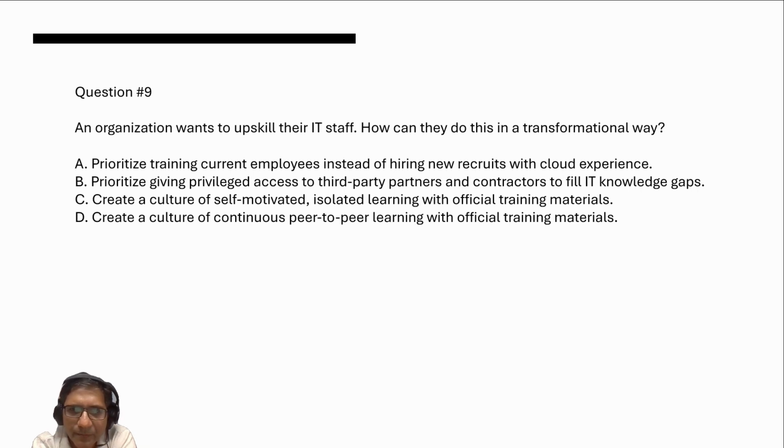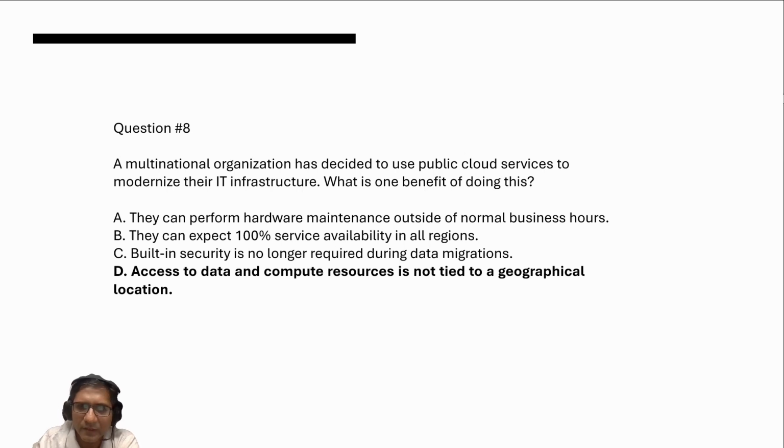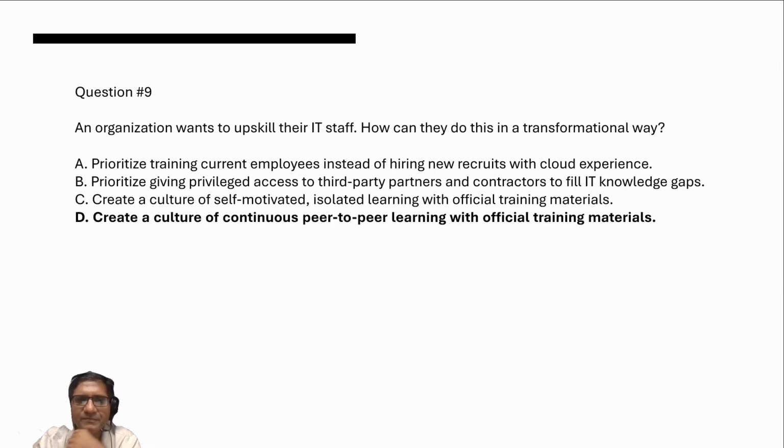That itself says that probably either of them should be the right option. Now, learning in isolation or learning from peers? Peer-to-peer learning can be much faster, much more effective. So your right option is option D: create a culture of peer-to-peer learning.